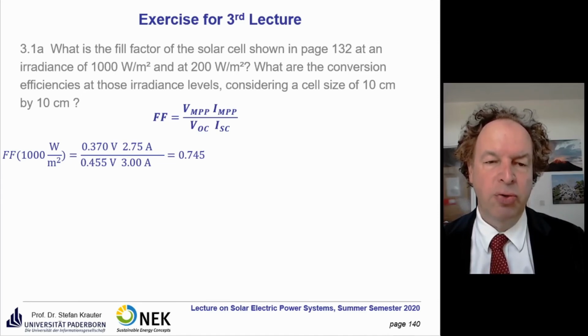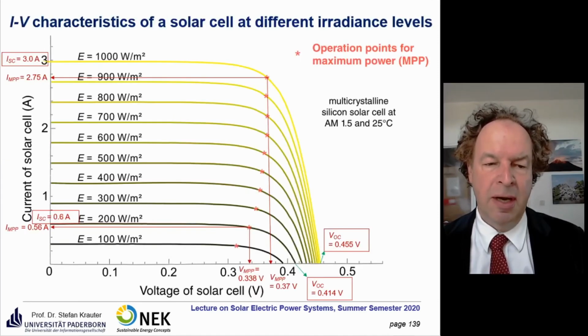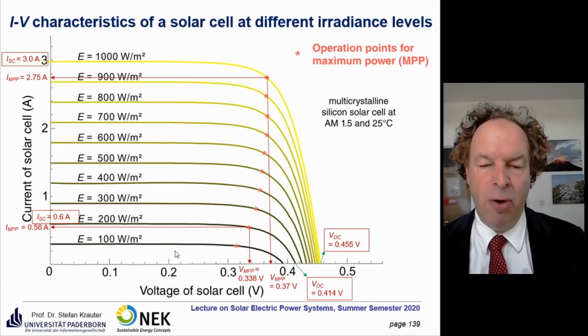If we go to 200 watt per square meter, we have short circuit current 0.6 amps, current in maximum power point 0.56 amps, voltage in maximum power point 0.338 volts, and open circuit voltage 0.414 volts.